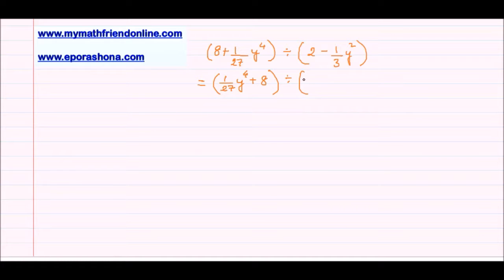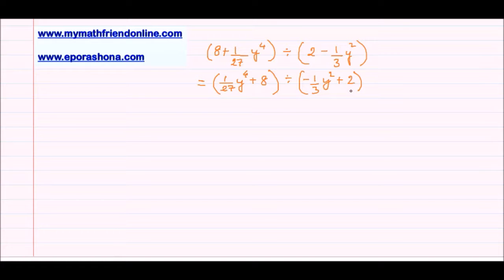So minus 1 by 3 into y square comes first, and then comes plus 2. So this is our divisor. This part is our dividend and this is our divisor. This brings us to the end of step number 1.